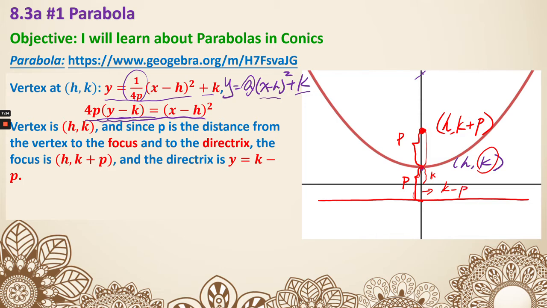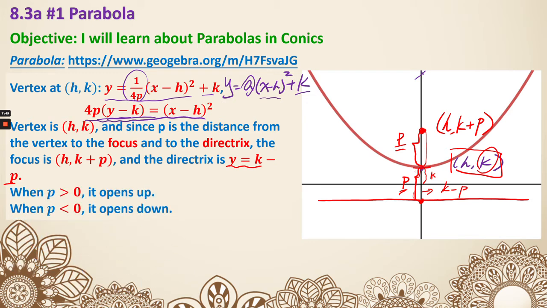It's not just that little portion. This is actually the coordinate of this point. Because at this height is k, we subtract p to get to the directrix. So that is why the directrix is y equals k minus p. Either way, we start with a vertex and then find our p so we can generate our focus and our directrix.